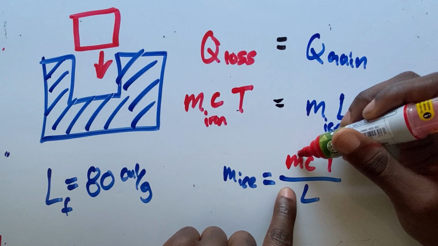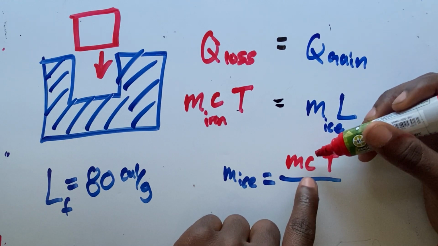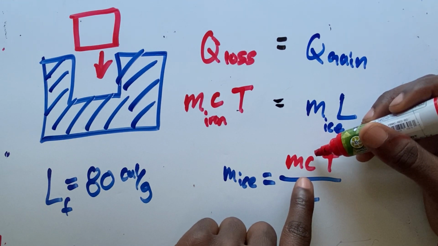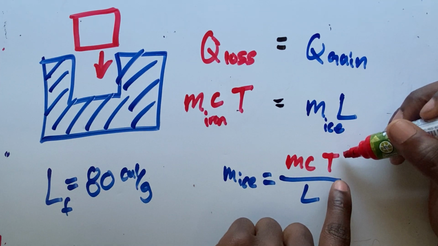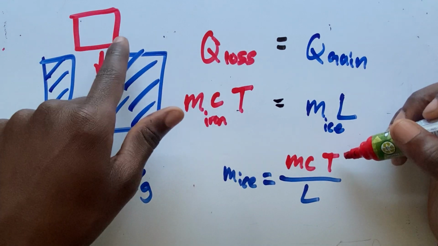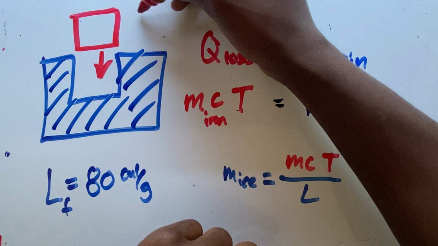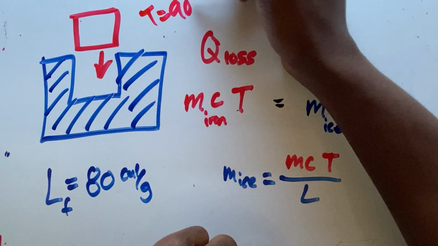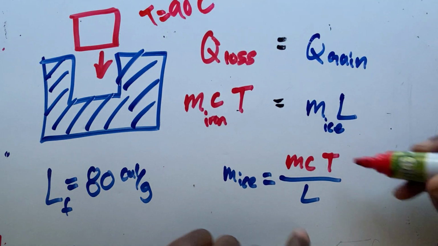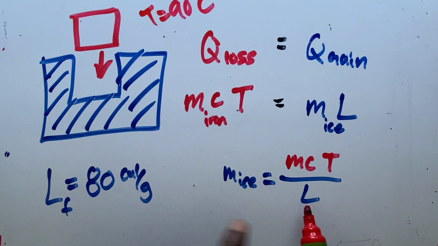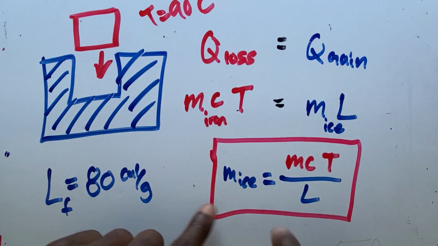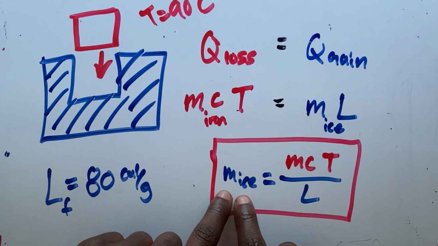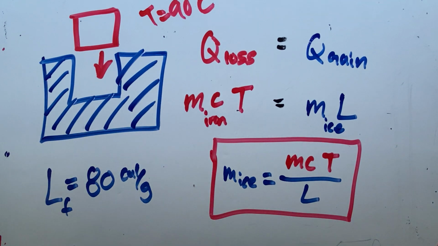So whatever the mass of the iron was, times the specific heat of the iron, which I think was also given in the question, times the temperature of the iron, which was 90 degrees, I think. So T equals 90 degrees Celsius. Then all that divided by 80, which is the latent heat of fusion for ice. Then that's going to give you the mass of the ice that is melted.